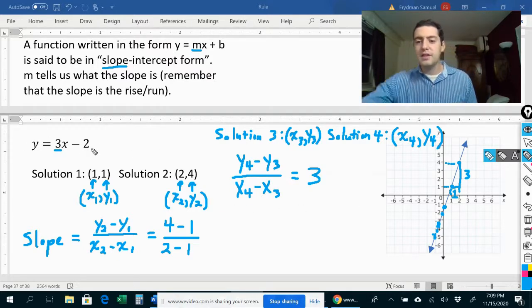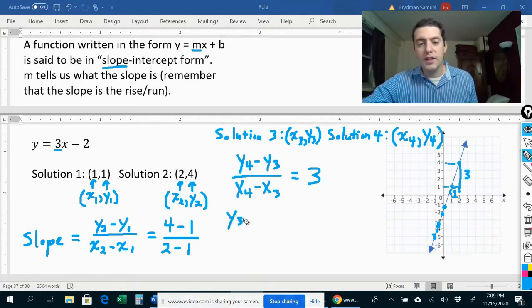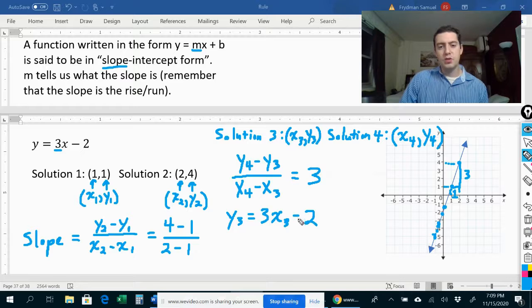So I know that this statement, y3, whatever it is, equals 3 times x3 minus 2. I know that this must be a true statement. I know that if I take whatever x3 is, and I put it here, and then I multiply it by 3, and then I subtract 2, that should give me whatever this y3 number is. So even though I don't know the numbers, I know that if I knew them, and I put them in here, this must be a true statement, okay?